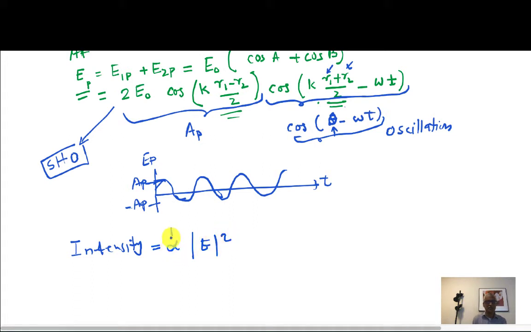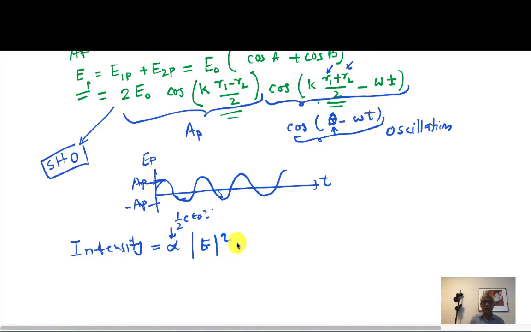This alpha was equal to, if I can look it up, it's really not that important for the pattern, but I think it's maybe like a half c epsilon naught or something like that. All right, but I'm just recalling from memory.